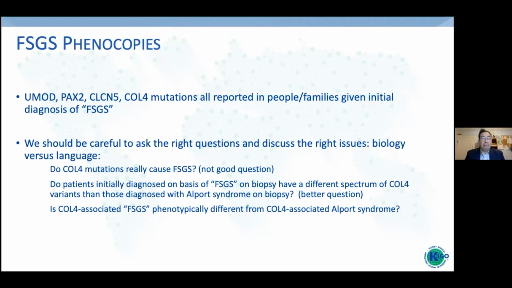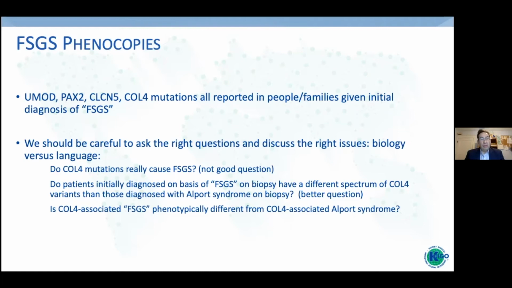For example, if some people ask, do type 4 collagen mutations really cause FSGS? I would argue that's not really a good question, because maybe that's kind of a question of how you define FSGS. I think we can ask a better defined question, such as, do patients initially diagnosed on the basis of FSGS by biopsy have a different spectrum of type 4 collagen variants than those diagnosed initially with Alport syndrome on biopsy?